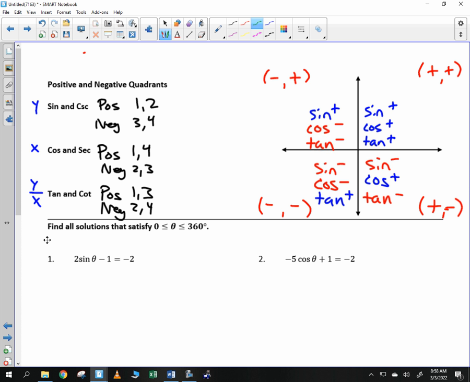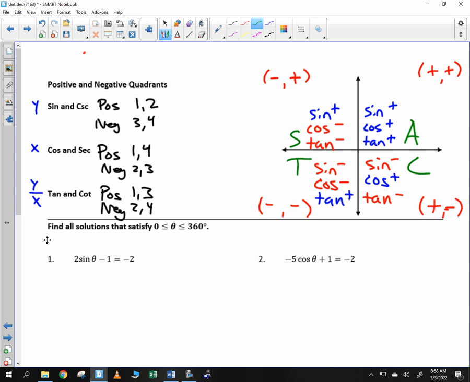I didn't learn this, but a lot of students use it. They learn this acronym: All students take calculus. True statement, right? Devarian, you're going to take calculus at college, right? Thank you, I appreciate that. All students take calculus. Why does this help us remember where they're positive?